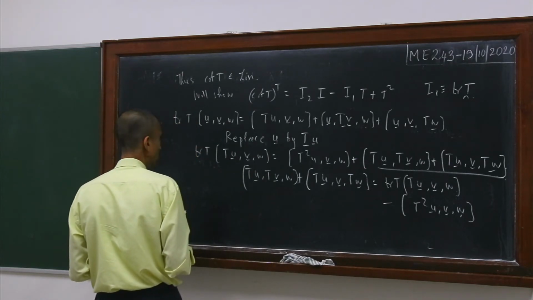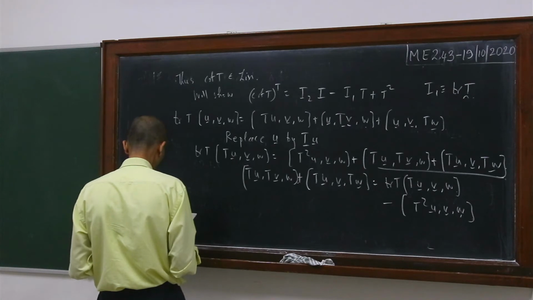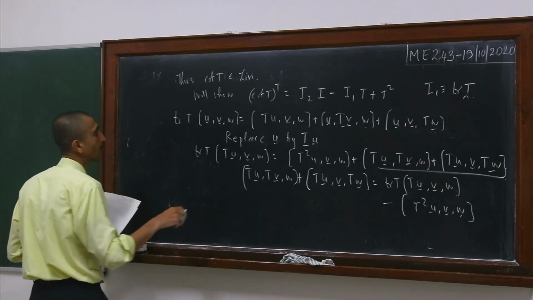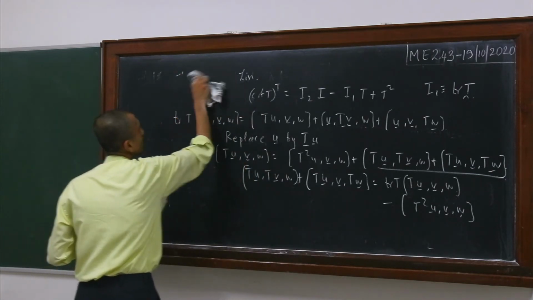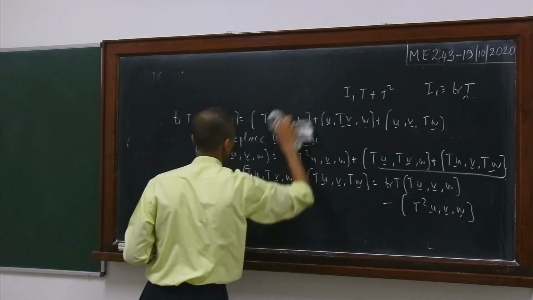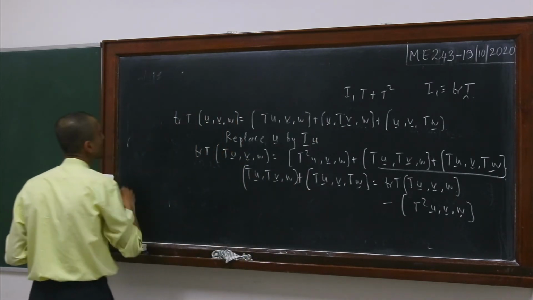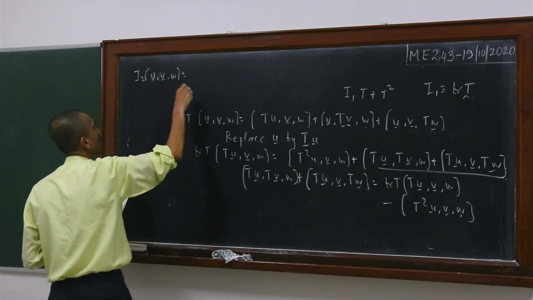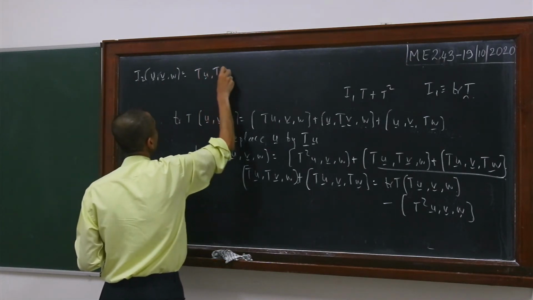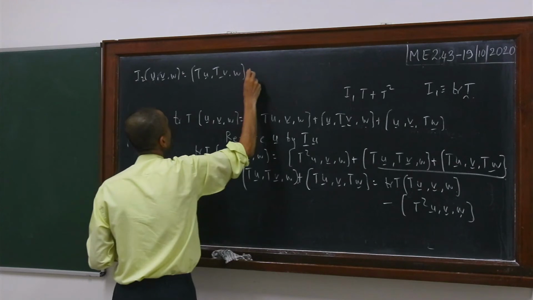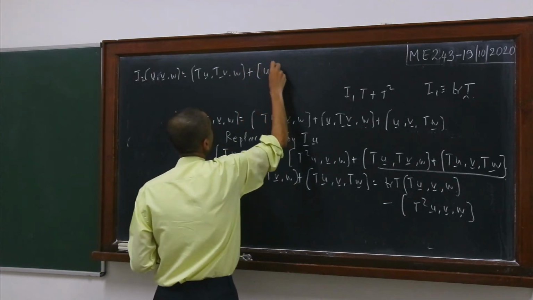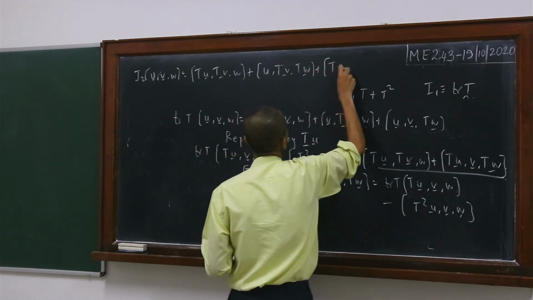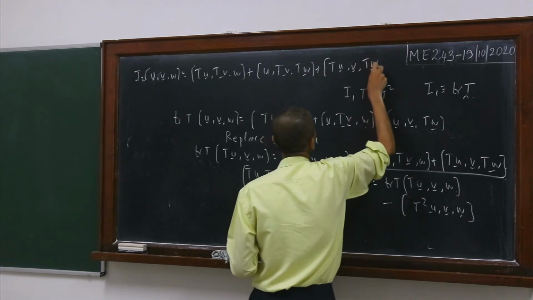And then we also have the expression for I2 of [U,V,W]. So let me rewrite that particular expression here. We have seen that I2 times [U,V,W] is equal to [TU,TV,W] plus [U,TV,TW] plus [TU,V,TW].